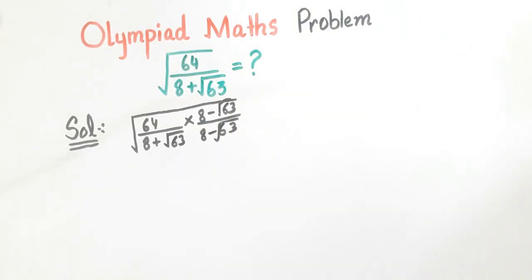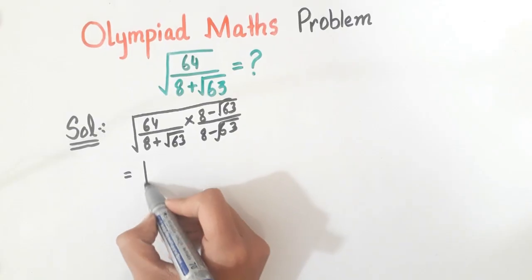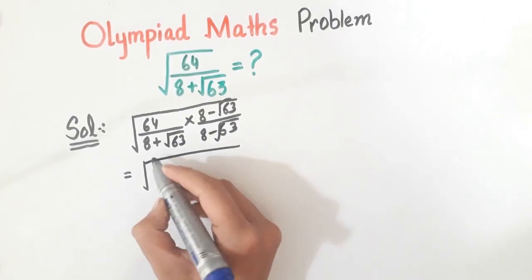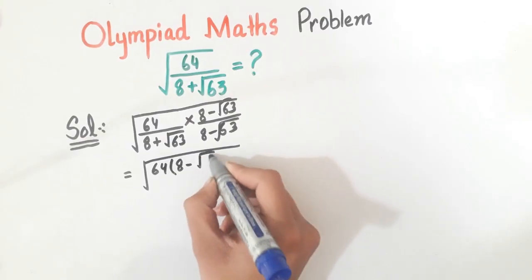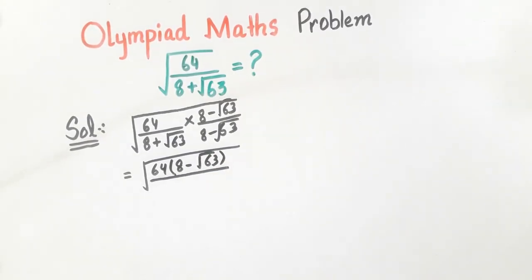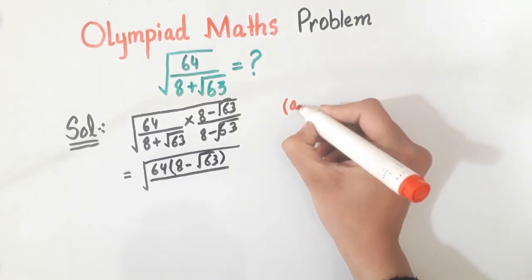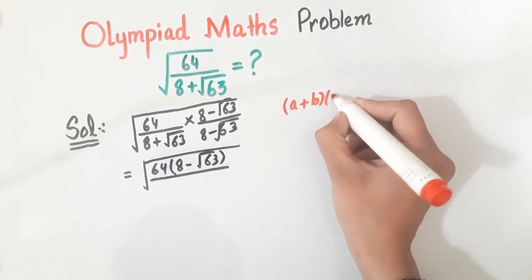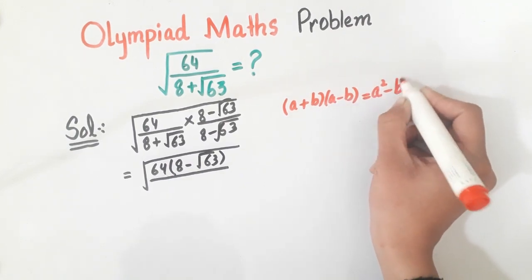Now in the next step, we will solve this as 64 into 8 minus square root of 63 divided by, here we apply the formula of a plus b into a minus b. So a plus b into a minus b always equals a square minus b square.